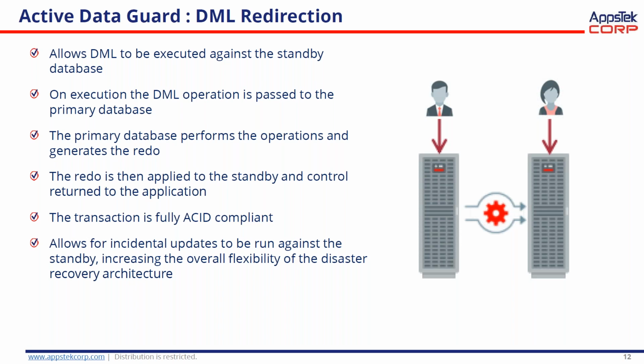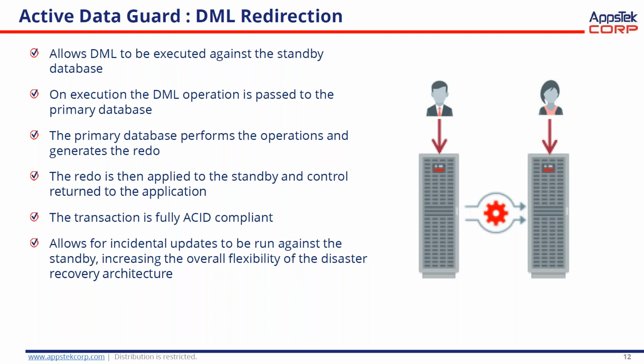That redo is then applied to the standby and control returns to the application. These transactions are fully ACID compliant and allow incidental updates to be run against the standby, increasing the overall flexibility of the disaster recovery architecture, without compromising the standby to primary relationship.